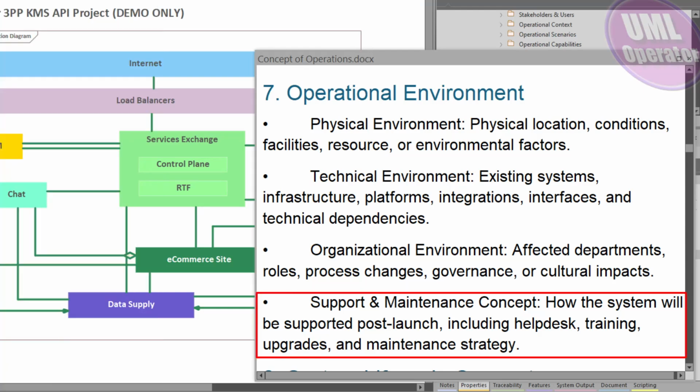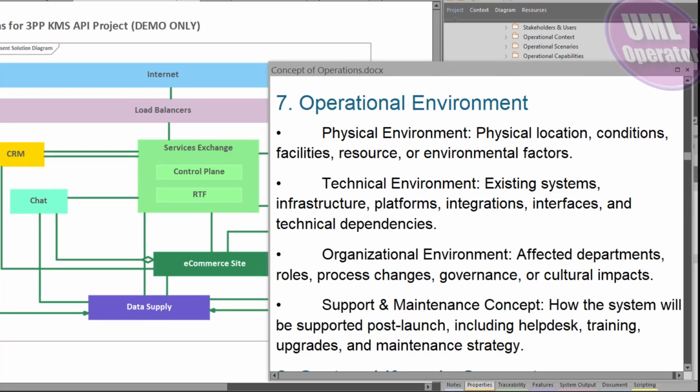And finally, this section addresses, or starts to address, the support and maintenance concept: how the system will be supported post-launch, including help desk, training, upgrades, and maintenance strategy or strategies.